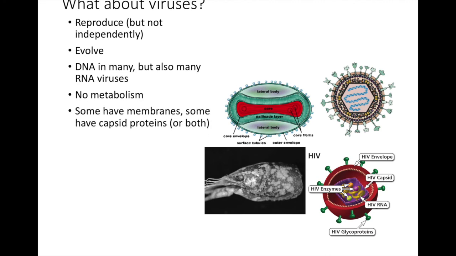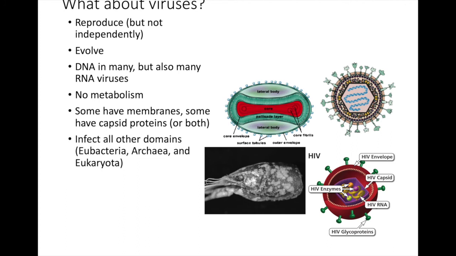Some viruses do have a membrane on the outside of their structure. Some of them just have proteins on the outside of their structure. So it doesn't necessarily mean that they're alive when they don't have all of the macromolecules that we generally associate with life. And as we said, they do have some sort of coding nucleic acid, although that could be RNA, or it also could be DNA.